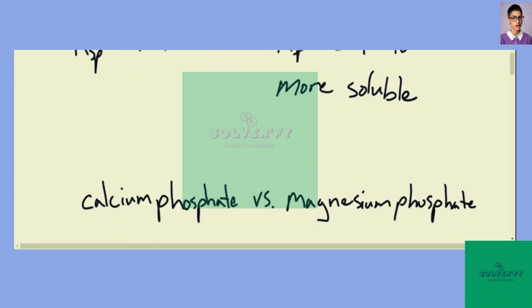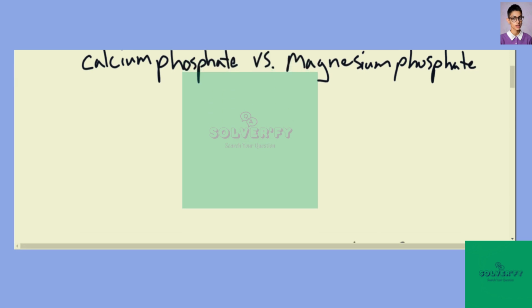Okay, now we move on to B here, and they both produce the same number of ions upon dissociation in water, so we can compare their Ksp values directly.